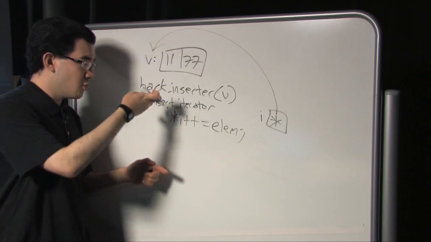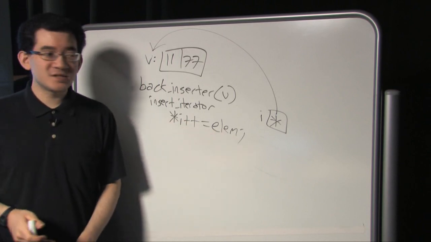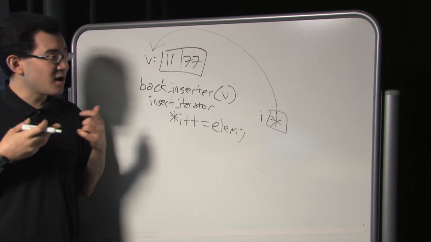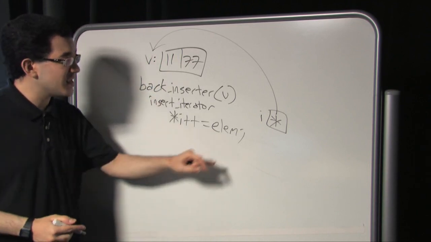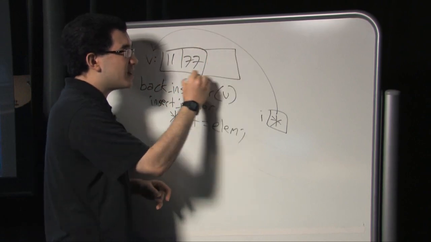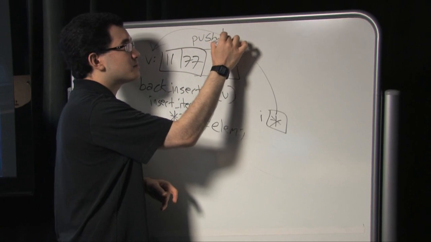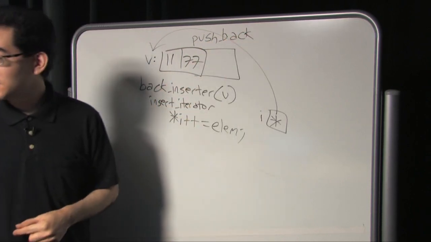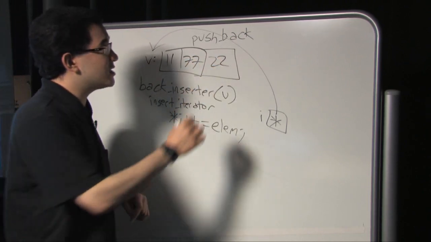And whenever you dereference the iterator and increment it, and then write an element to it, some STL machinery is saying, okay, instead of trying to directly write to an element, I'm going to push back a new element. So every time I say this, it's going to be expanding the sequence through an ordinary call to push_back, and we know how that works. And it's going to be pushing back, in this case, the first element, which is a 22. And then the next thing I write is a 99.